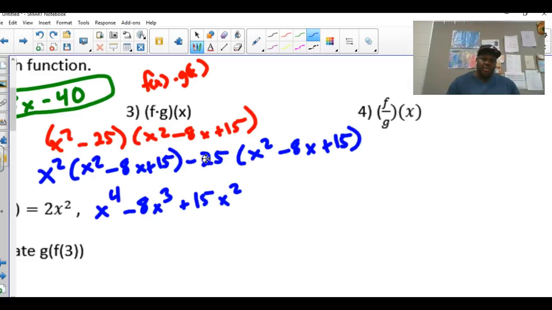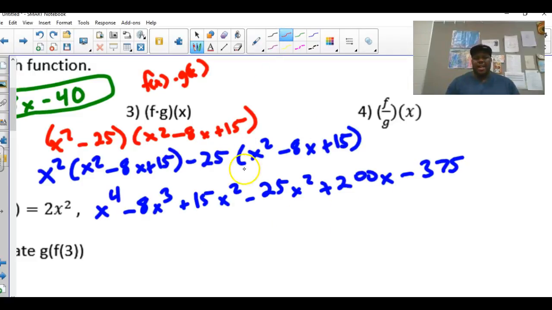Now I'm going to do this side with the negative 25. Negative 25 times x squared is negative 25x squared. Negative 25 times negative 8x is going to be a negative, no, actually a positive. Negative times negative is a positive 200x. And then negative 25 times positive 15 is going to be negative 375.